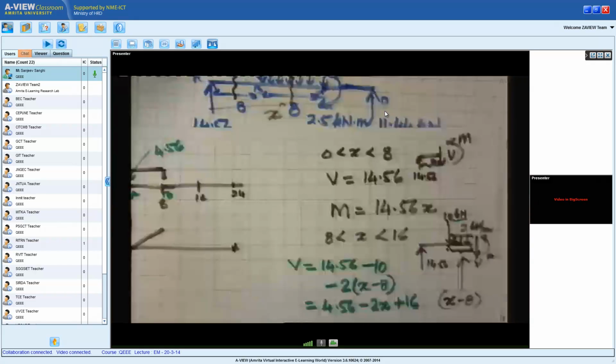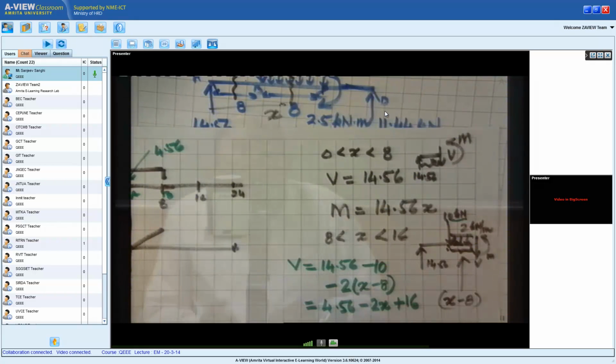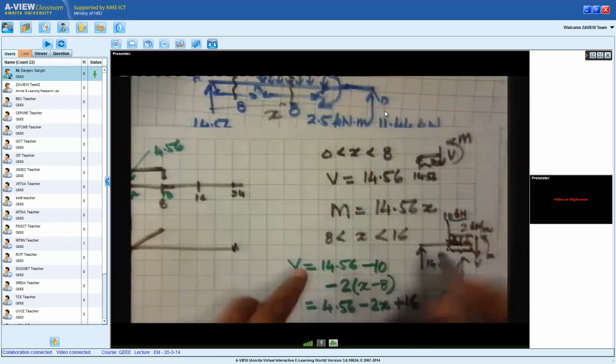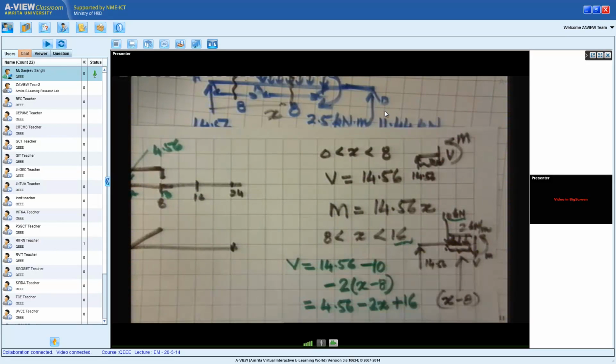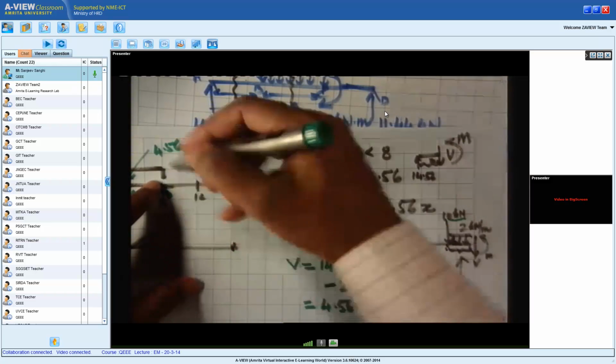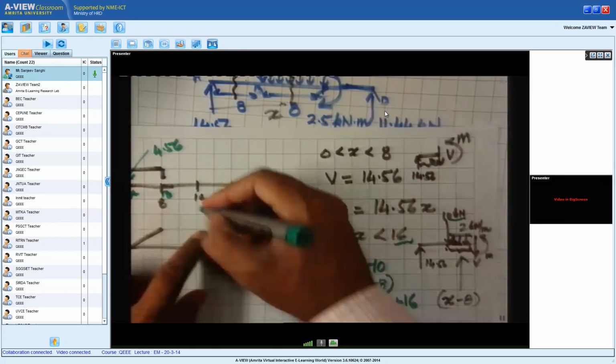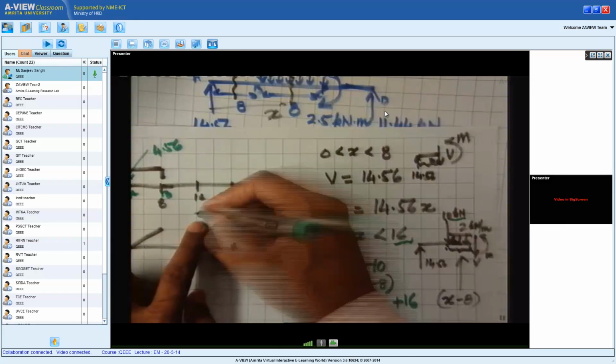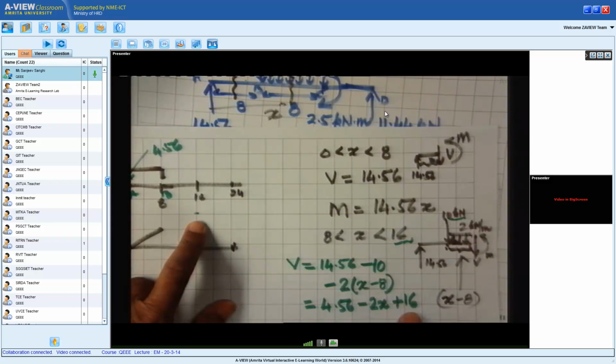And when I put x is equal to 16, what will happen? Because now, see, this distribution is going to continue up till x is equal to 16. So what I realize is, in the shear force diagram, I will get a straight line which will go down, and the end value will be the value which I get in this equation if I put x is equal to 16.